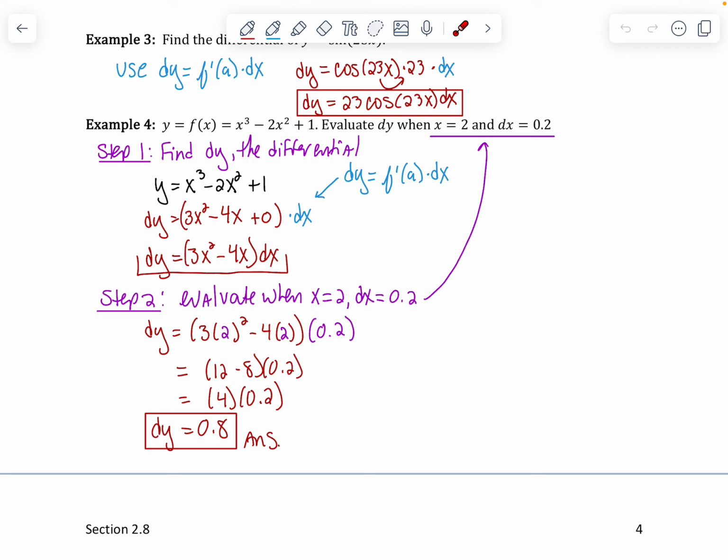Obviously, you could do it with a calculator, and you would want to type in parentheses 3 times 2 squared minus 4 times 2, and then times 0.2. You don't necessarily need all the parentheses, but I went ahead and got the 4 to give me a 12, the 8 to subtract to a 4, and then I was able to solve this whole piece without a calculator. And remember, we have dy for our answer.